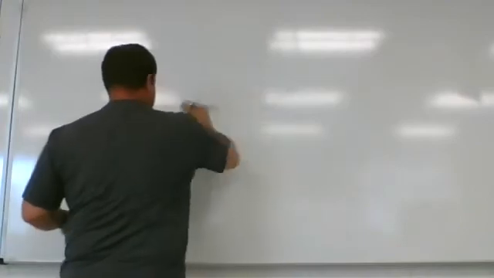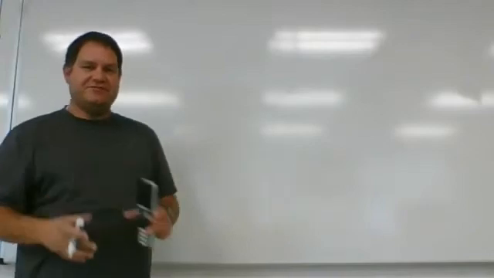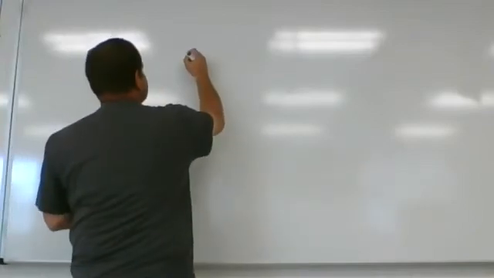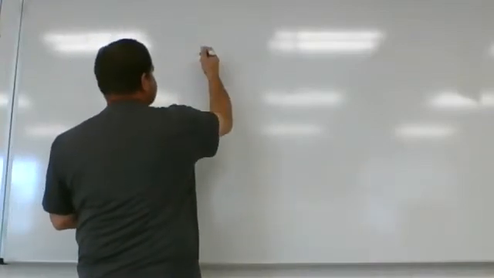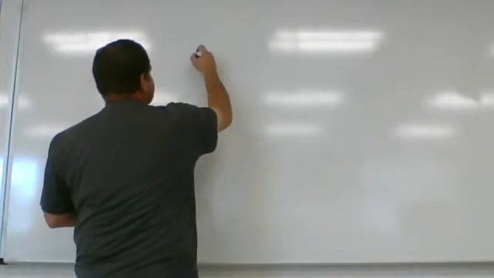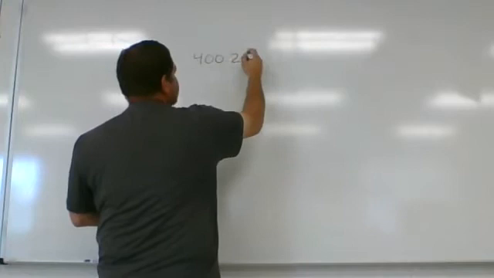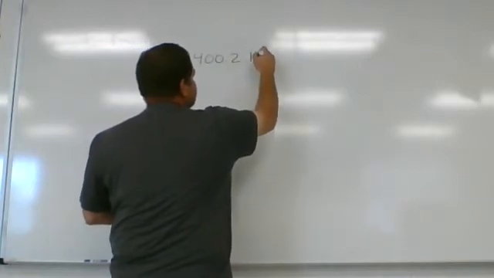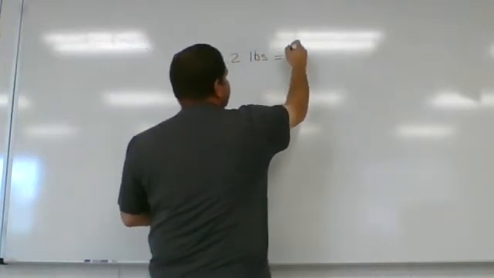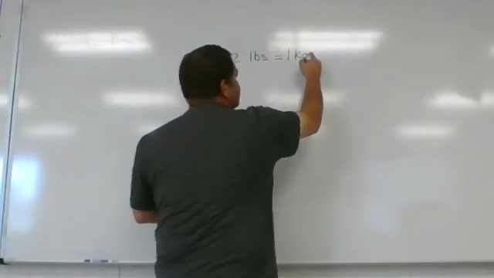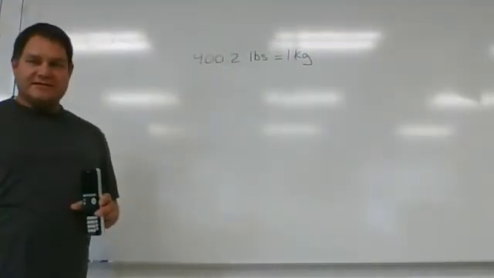Let's do something different. Let's do also a fairly simple one, but let's do an English unit to a metric unit. So let's say, let's do something like pounds to kilograms. So let's say I have 400.2 pounds, and I want to know how many kilograms that is.